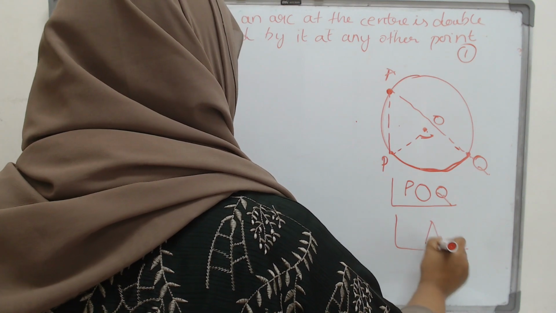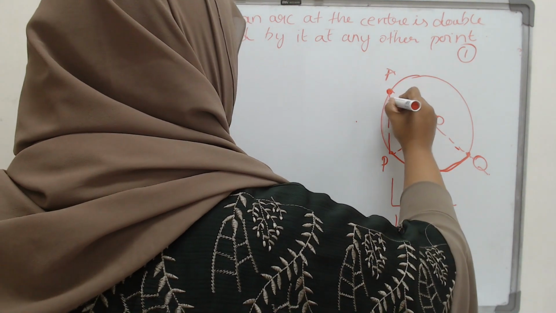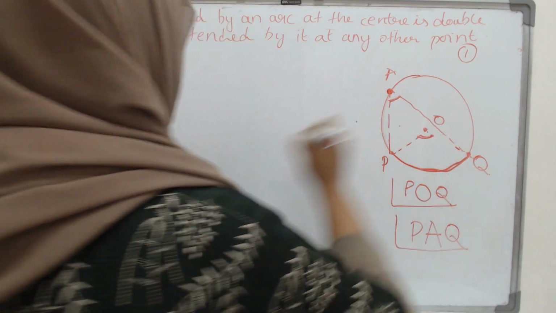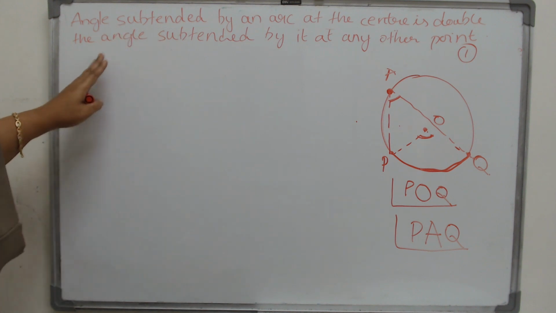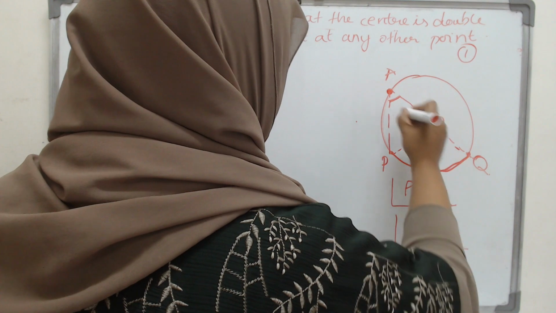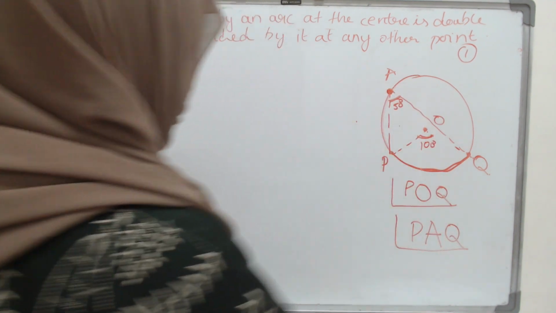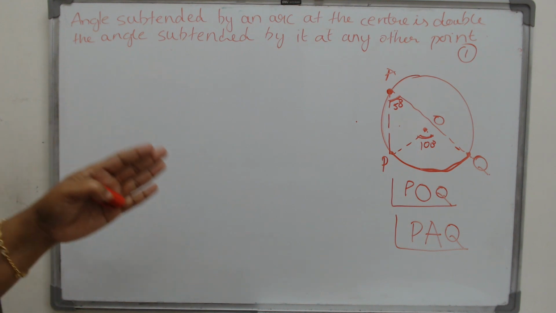It will be formed at the point A with the arms PA and PQ, this angle. Now what does your rule say? The angle at the center is double the angle at any other point. That means if this is 100, this has to be 50. That is your rule.